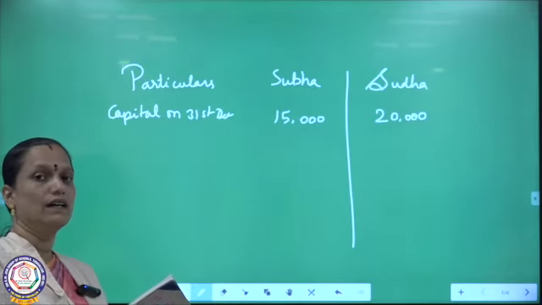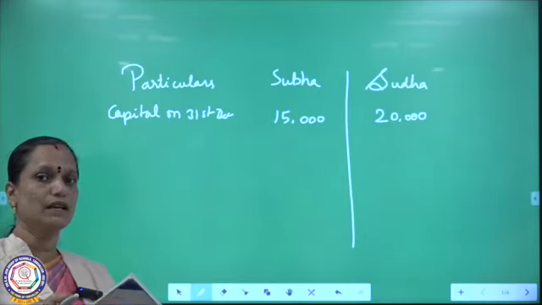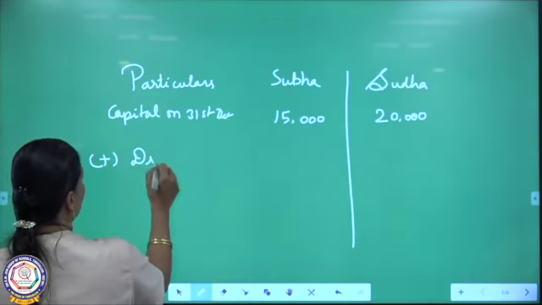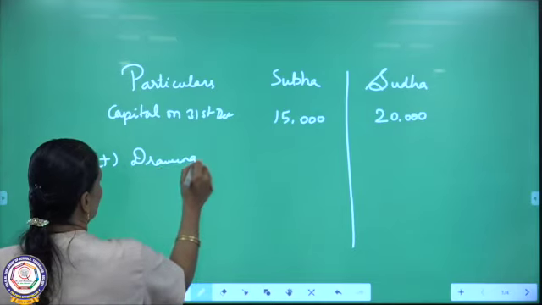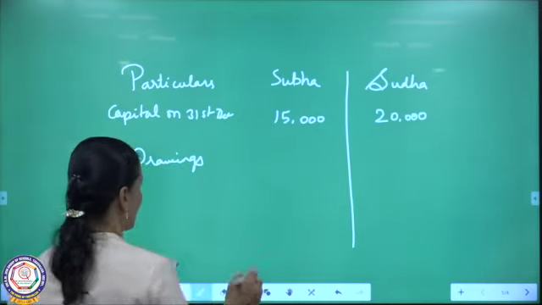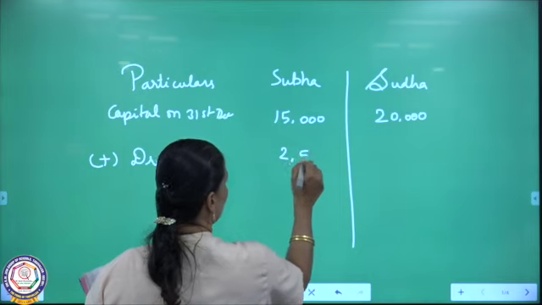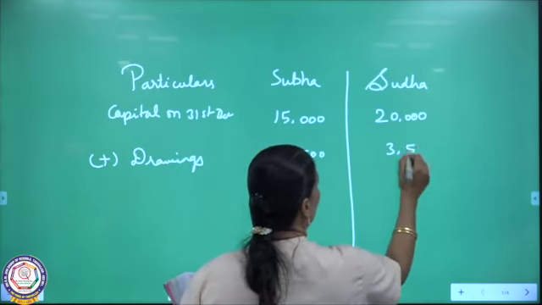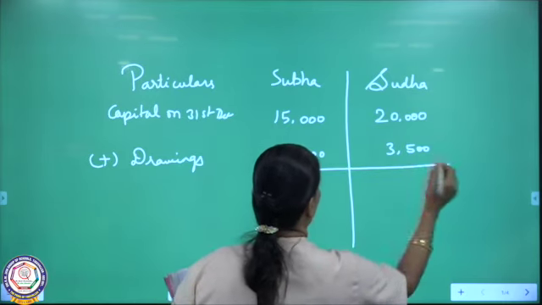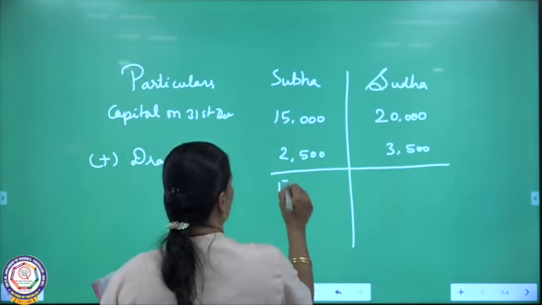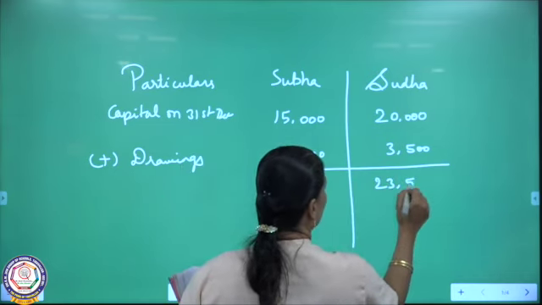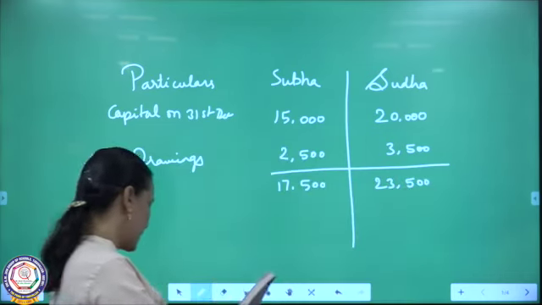And then in incomplete records, what we used to do, we add drawings, isn't it? Do you remember that, children? Drawings, 2,500 here, 3,500. So, first we have to calculate this. Okay. So, 17,500, 23,500.